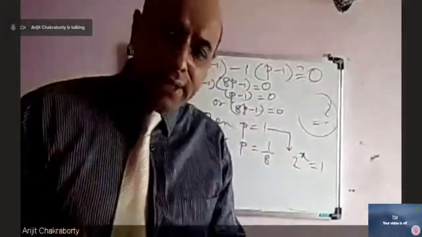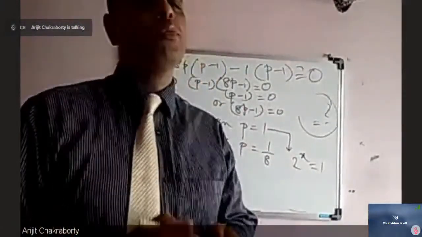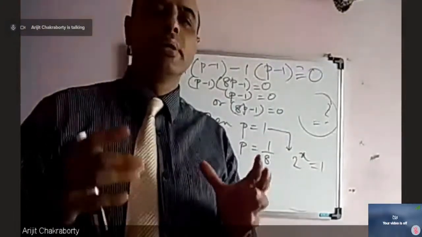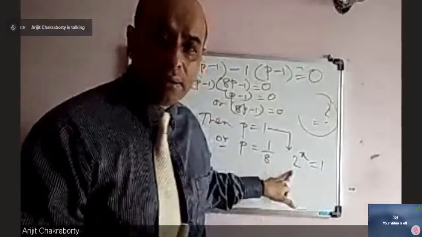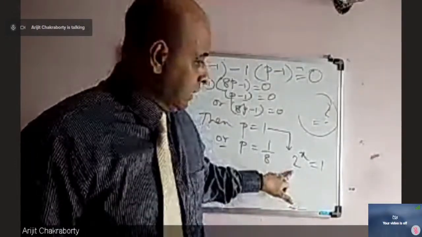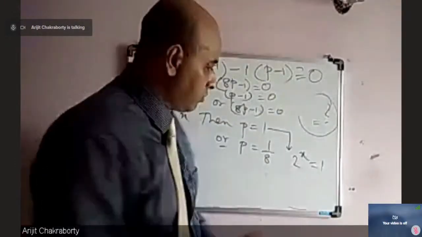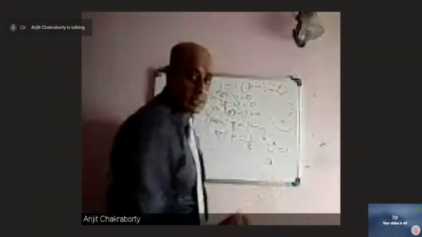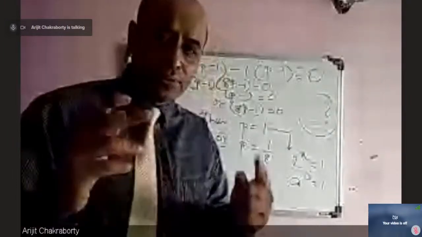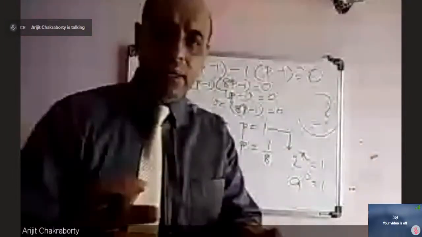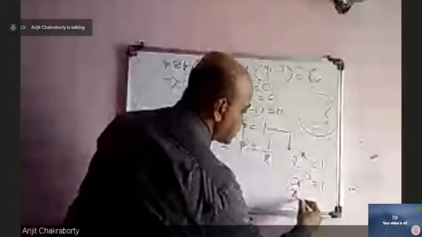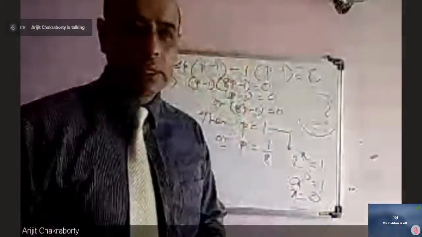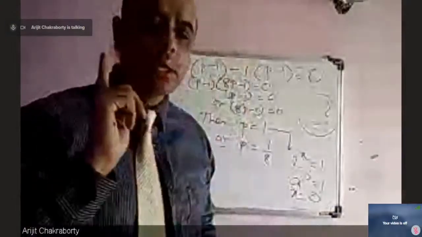And dear friends, all of you must be knowing that any number to the power 0 is equal to 1. In indices, you must have learned a to the power 0 equal to 1. So 2 to the power x is equal to 1 means x is equal to 0. This is the first solution.